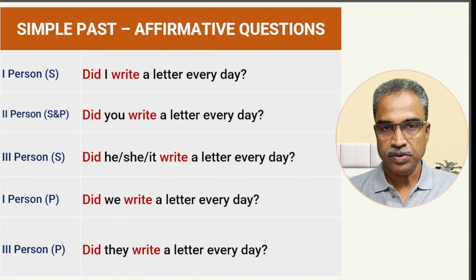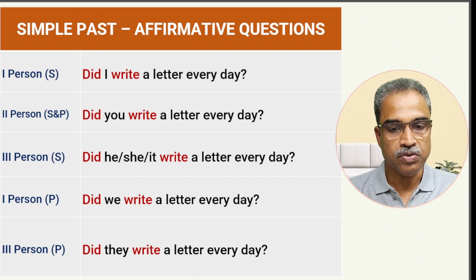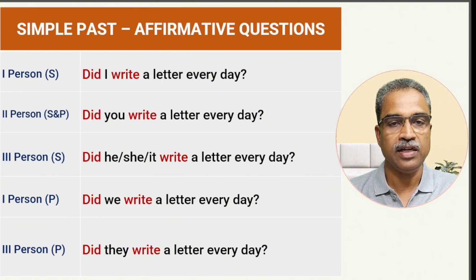Coming to the second one, you, second person, singular and plural both. No change, same pattern. Did you write a letter? Did auxiliary, you the subject, and then write, V1 form. Third person: did he write a letter?